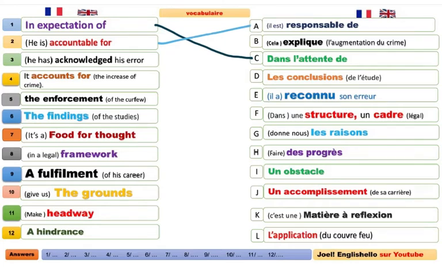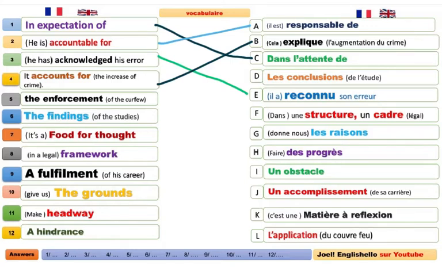He has acknowledged his error. Il a reconnu son erreur. To acknowledge. It accounts for the increase of crime. That accounts for. Cela explique l'augmentation du crime.